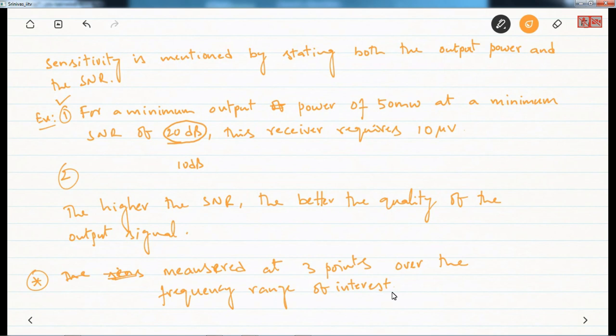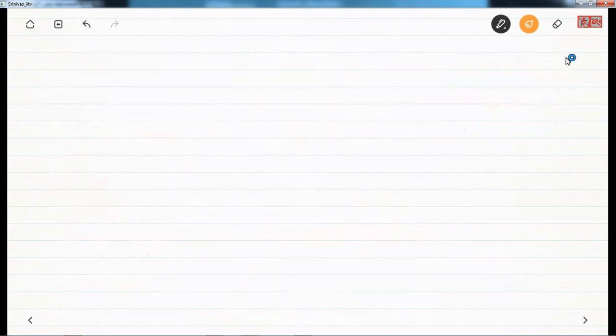Let me show you a typical sensitivity curve. It is something like this.